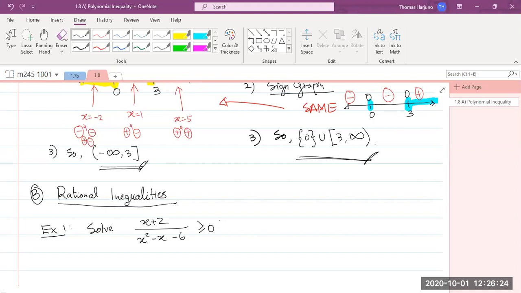The principle is exactly the same. Before you start working on your critical numbers, the other side has to be 0. So one side is already 0, then you start with critical numbers.